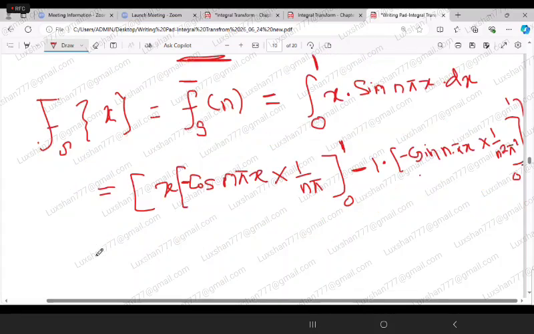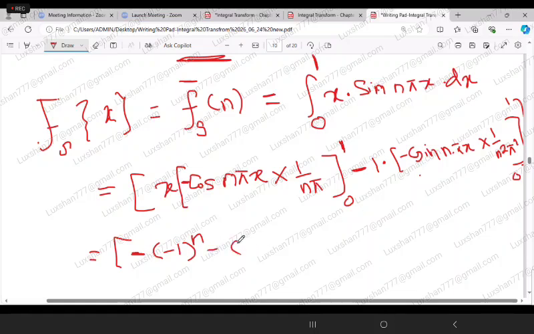Now, if I substitute the value, please check whether I'm doing correctly or not. If I substitute x equal 1, there's a minus here, then minus cos n pi is equal to minus 1 to the power n. And if I put x equals 0, that is 0.